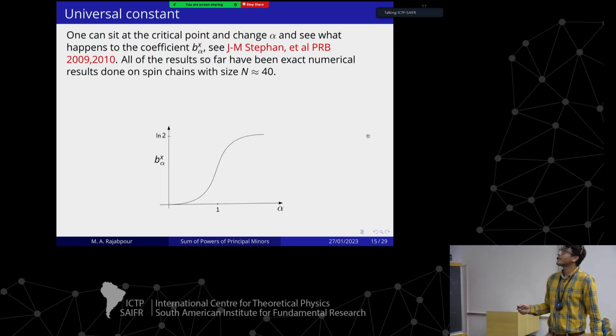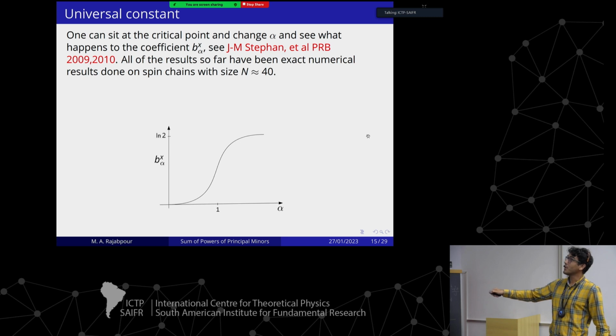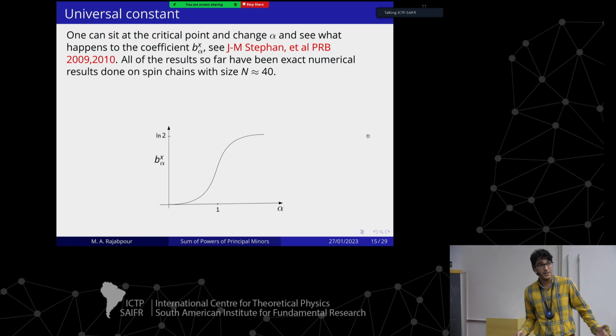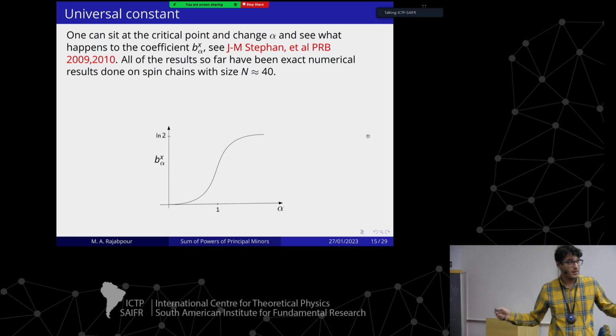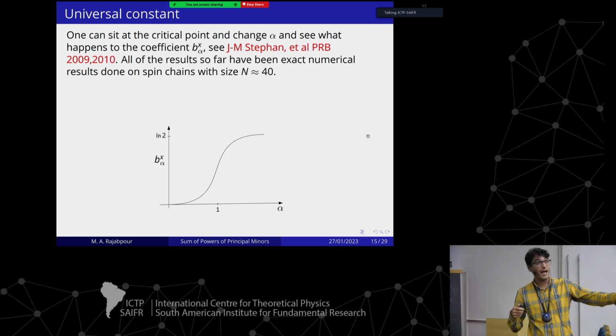So, yeah. You can also change the alpha, right? And see how that constant changes. The numerical results that I told you, with around 40 or 44 sites, are still impressive because you really need to calculate 2 power 40, 44 probabilities, and you need to have them at a very precise value.